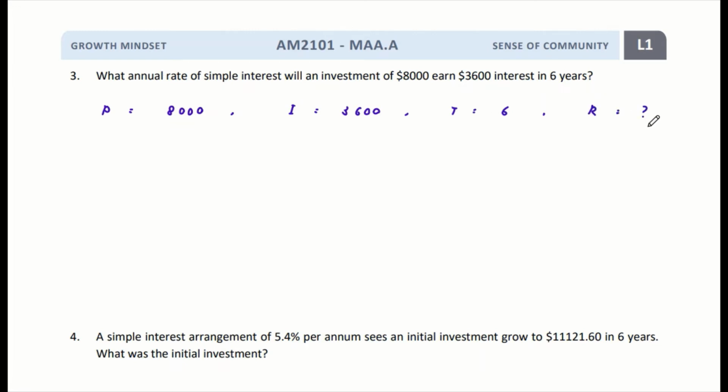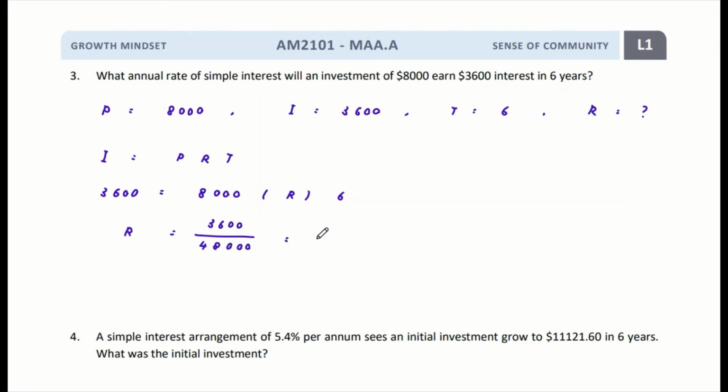Now what we need to do is to use the formula. In a case like this, you can straight away use the formula. So I is equal to PRT. Interest, we have 3,600. Principal is 8,000. R is what we want to find. T here is 6. When you multiply this together and put it to the other side, we'll get R equal to 3,600 divided by 48,000.